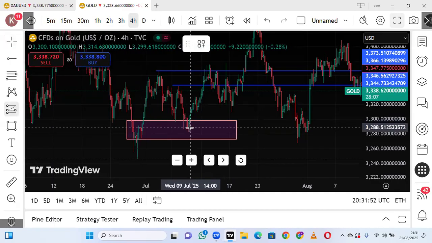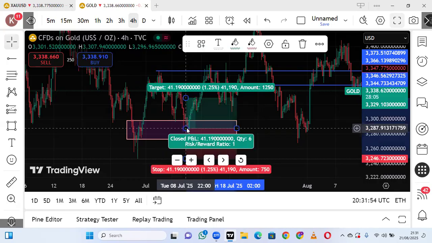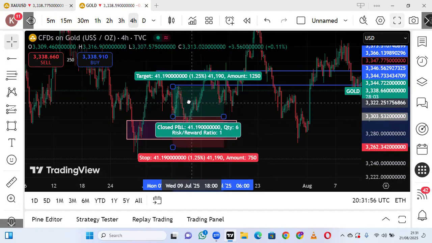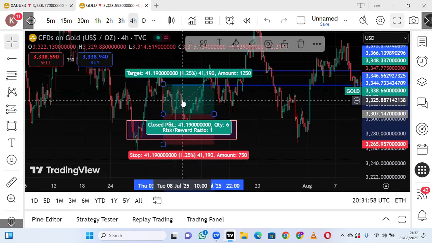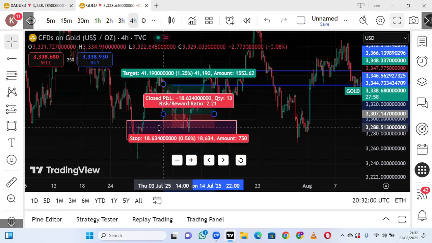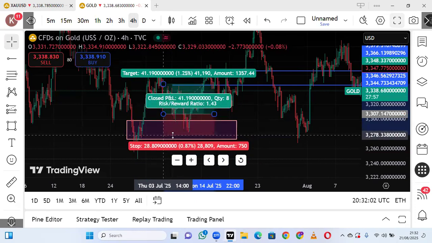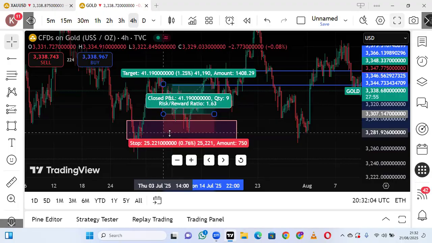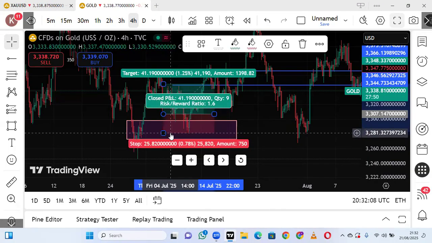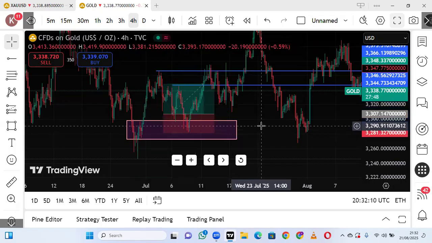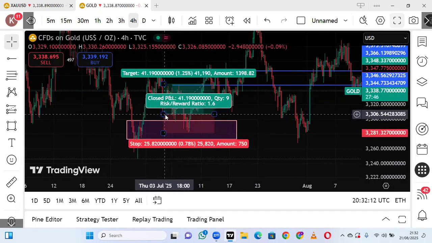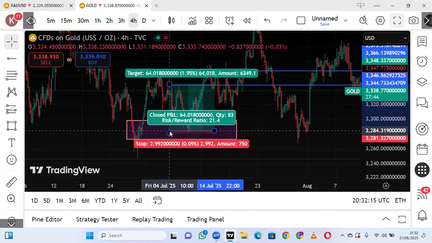Because entering here, this is how it should be. You target here. Your stop loss, you can move your stop loss a little bit to this place. Let it be at the last wick of that doji. This is how it should be. Your entry would be immediate. You can enter immediately.